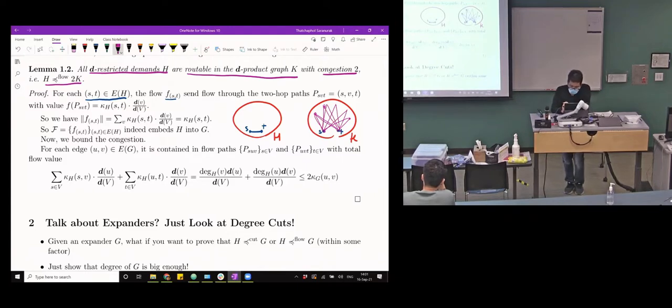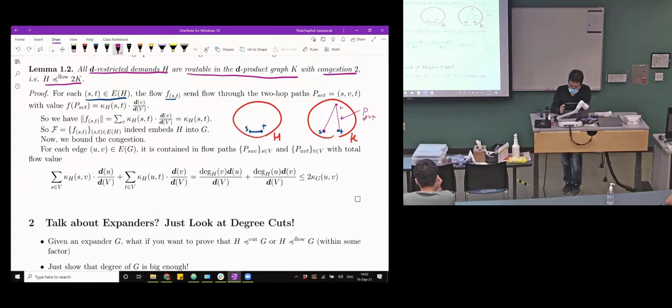Okay, and how much? Let's look at just one node V here. Let's call this flow path SVT. So the flow is going to look like this, but let's look at just one path right now.